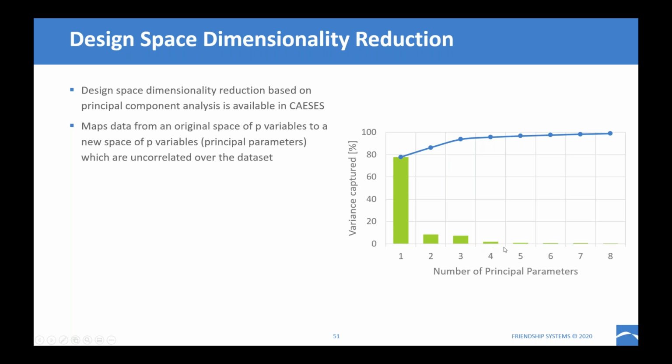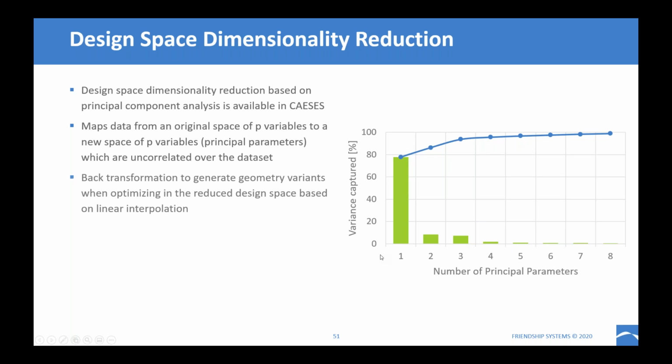And gradually, if we add more of these principal parameters, we approach 100% variance. And this gives us the possibility to optimize in this new design space of the principal parameters.